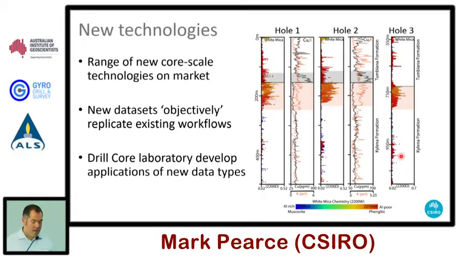You can see here we've got three holes, and two that have spectral data from the HyLogger, which is 1D spectral data, and Minalyze XRF. When we were looking at this, we noticed that in the HyLogger we have this enrichment in white mica, and in the XRF we have this enrichment in copper.